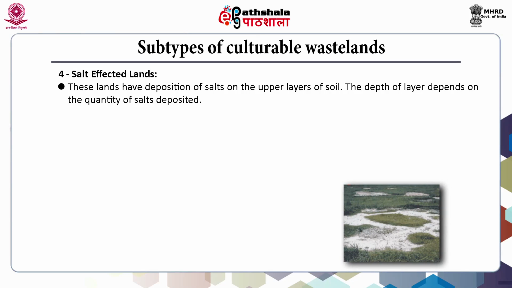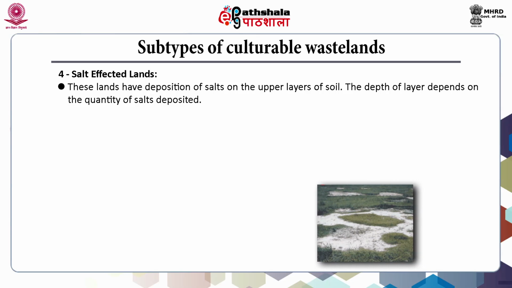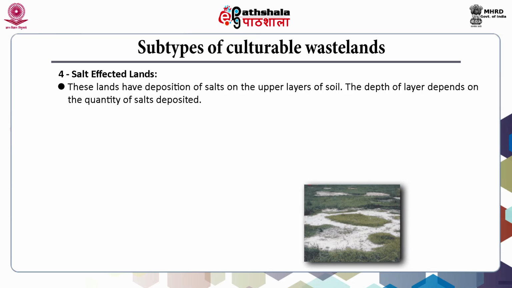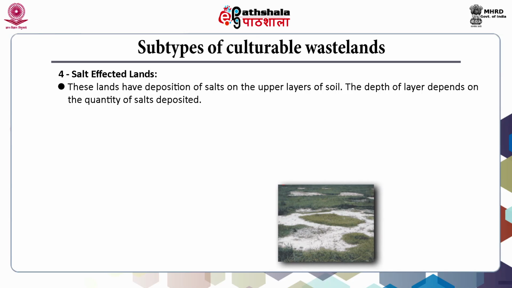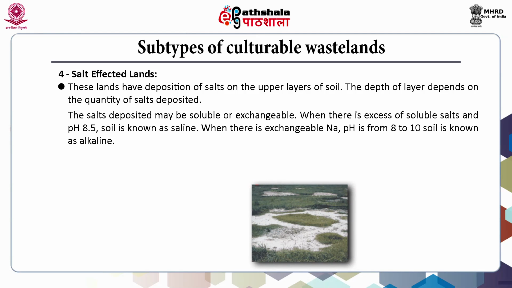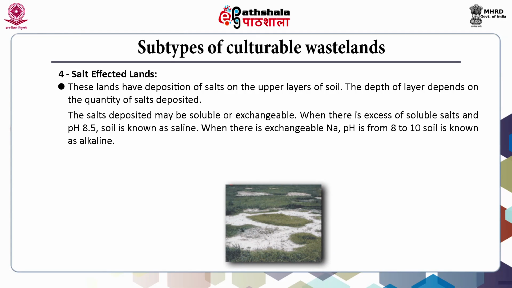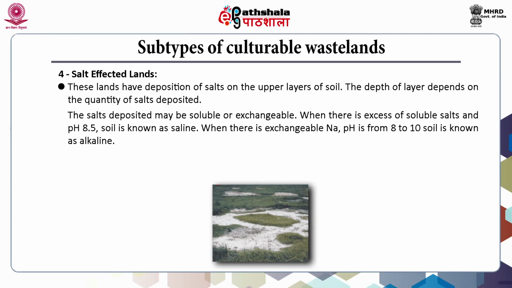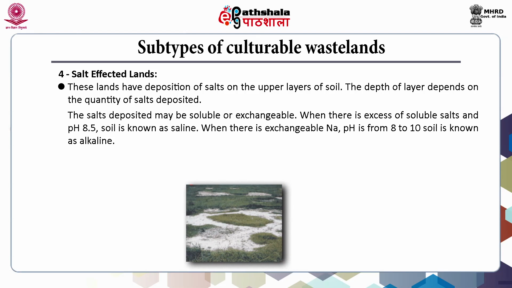These lands have deposition of salts on the upper layers of soil. The depth of the layer depends on the quantity of salts deposited. The salts deposited may be soluble or exchangeable. When there is excess of soluble salts and pH above 8.5, soil is known as saline.